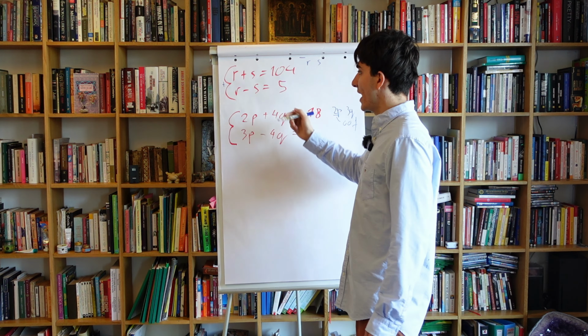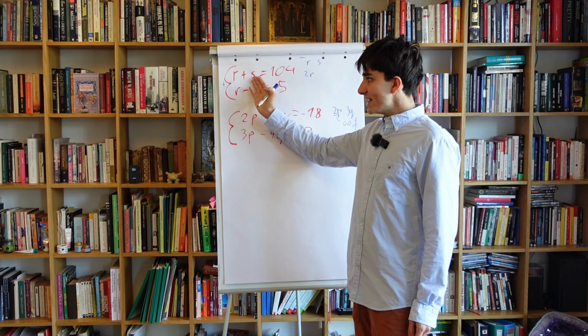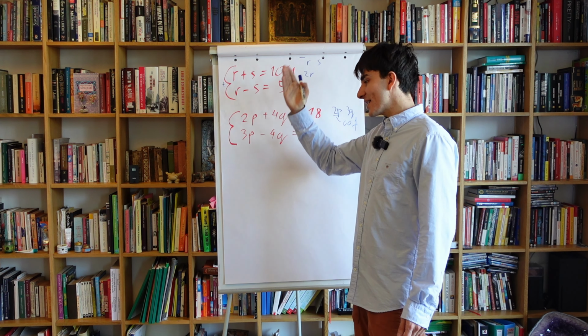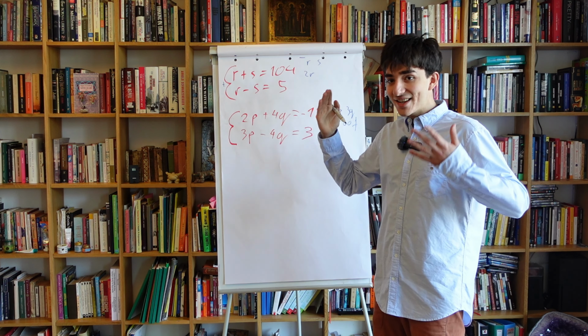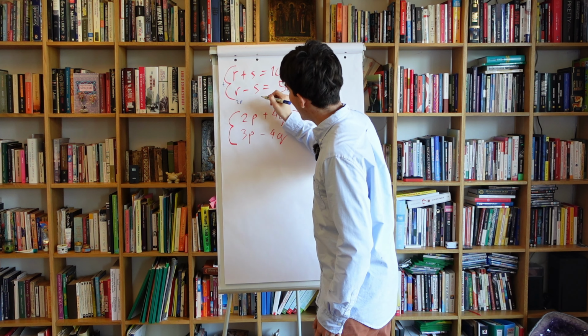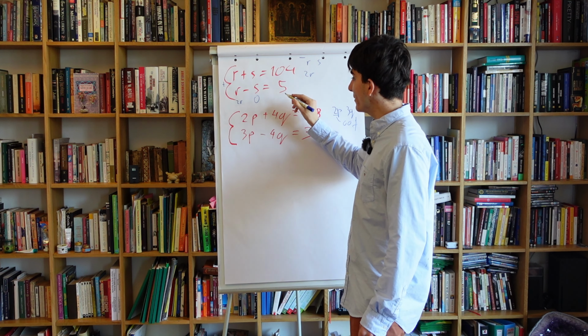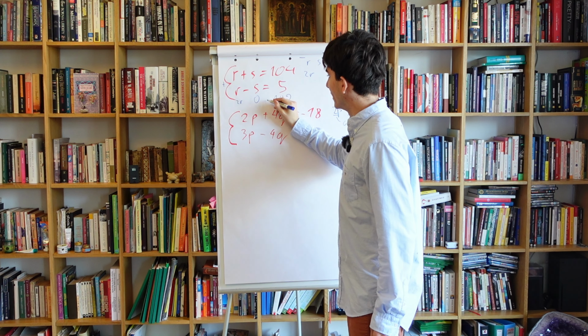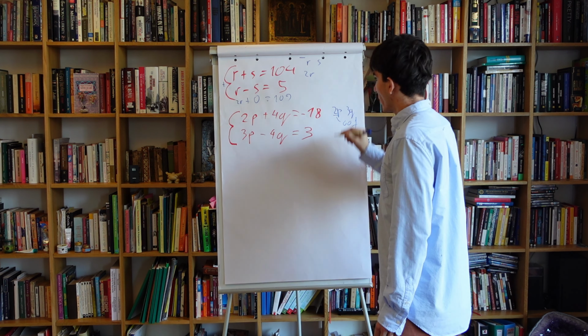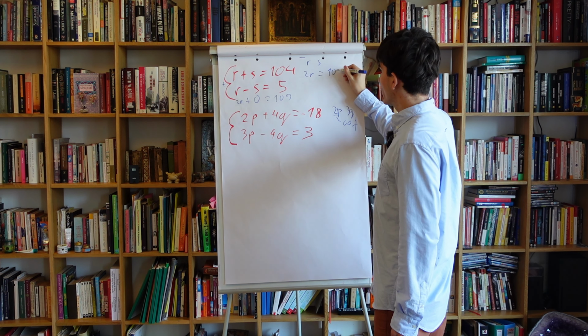And we get R plus R equals 2R, and S plus minus S is equal to just 0. So here you get 2R, you get 0 here, and when you add 104 to 5, you get 109. So 2R is equal to 109.